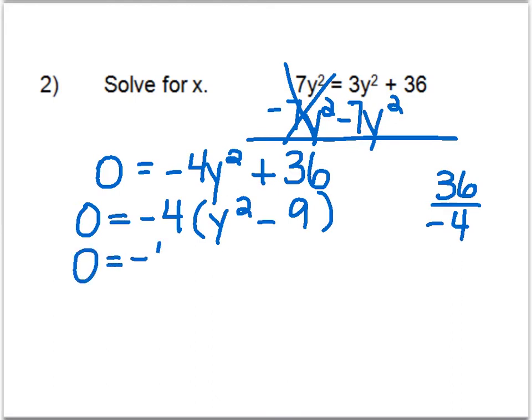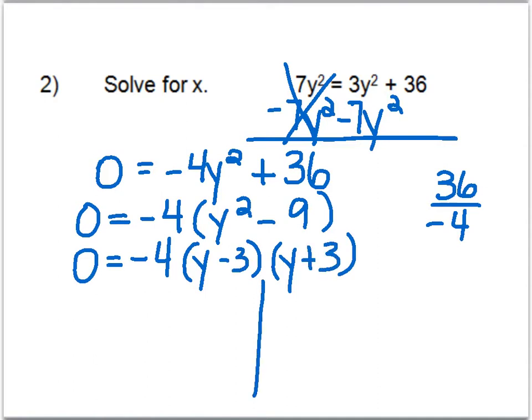I know that I can factor y squared minus 9 as perfect squares, minus 3 plus 3. And now I'm going to solve. I can ignore the negative 4 as a term to solve for because there's no x or y.